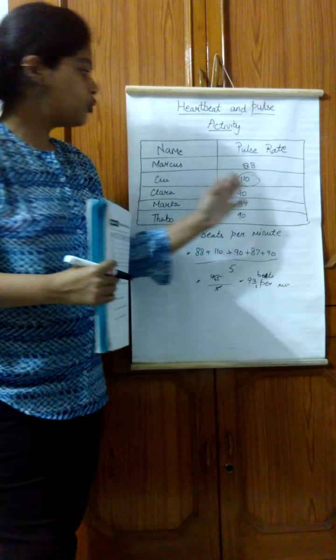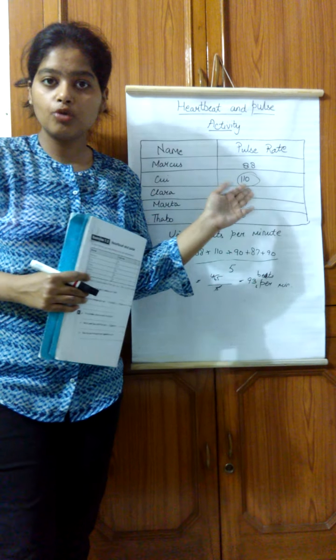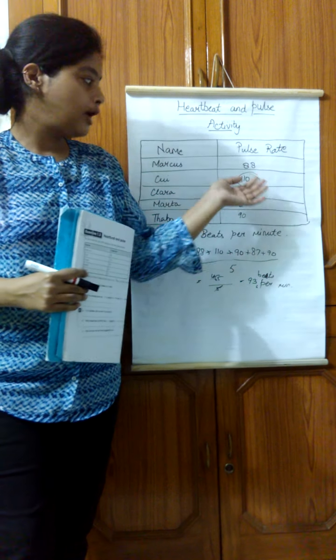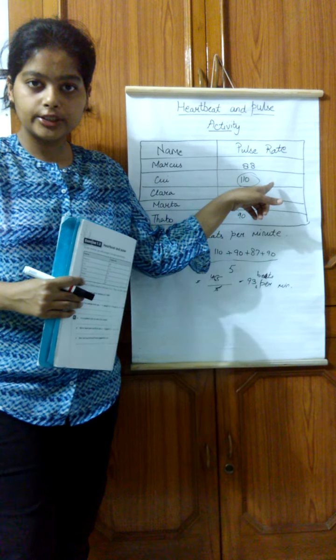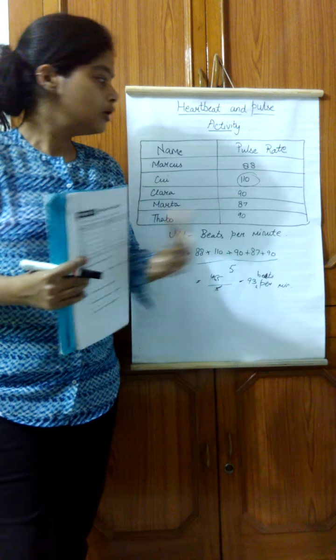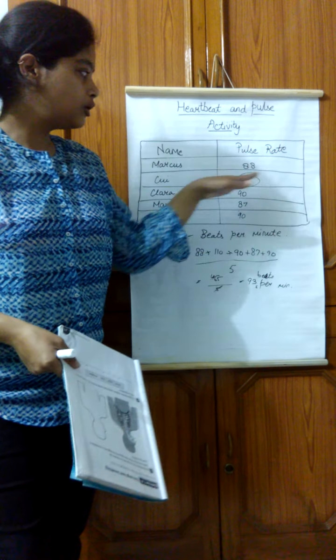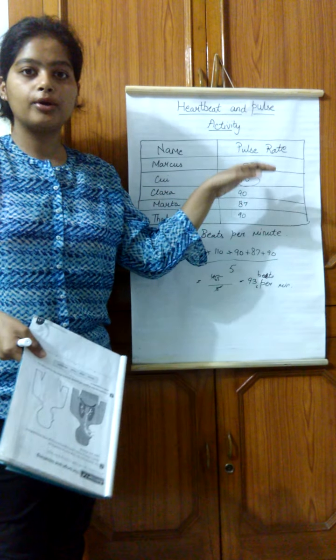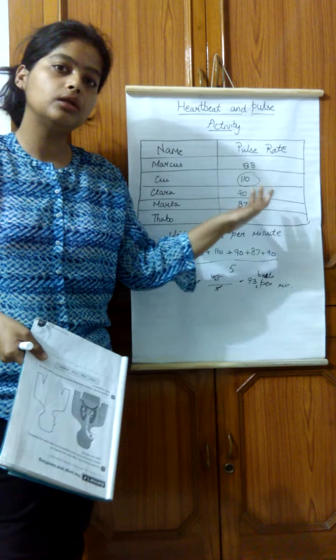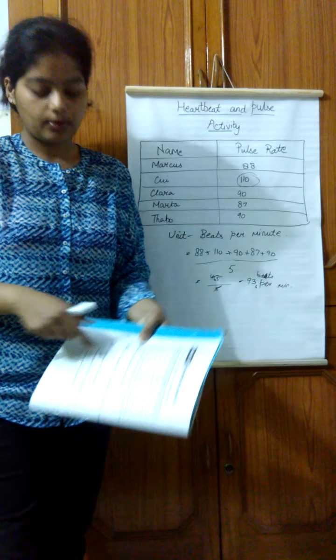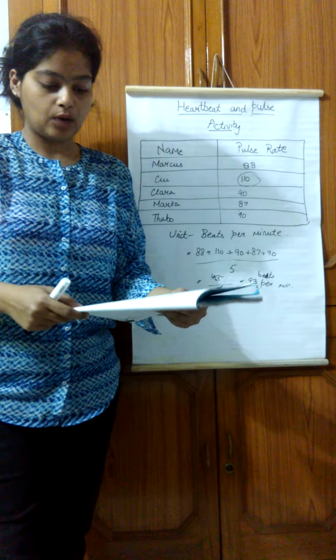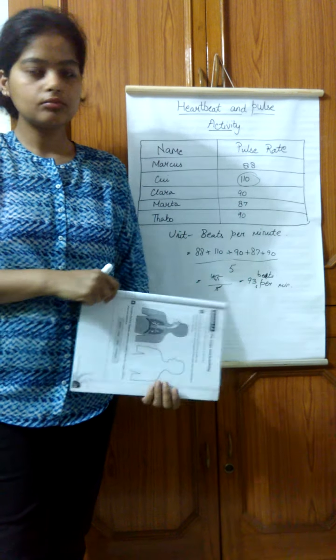So maybe Qui was doing exercise, maybe she was doing some physical activity at the time it was being calculated for her. So how can you say that it is not because of any illness or exercise, or that it's a normal pulse rate for Qui? How can you find this out?